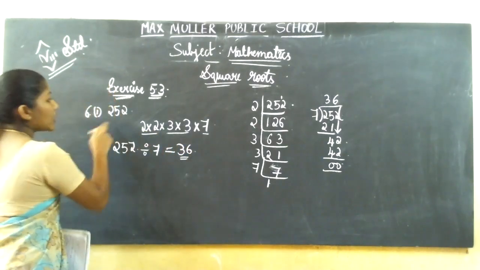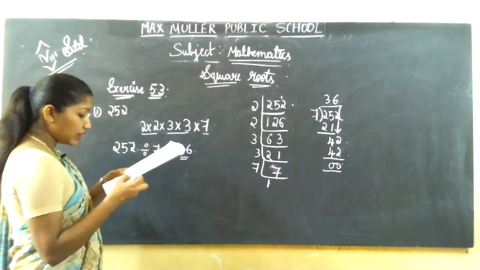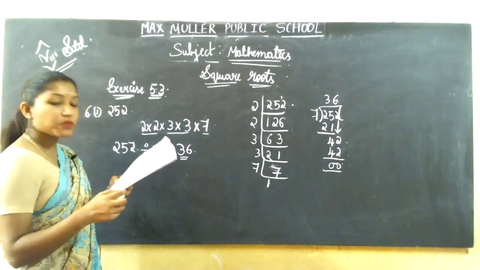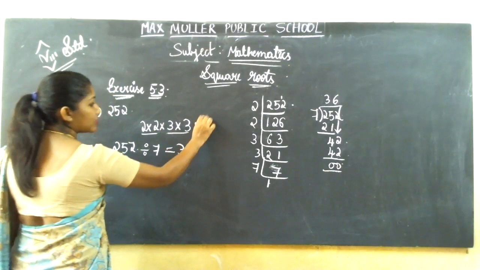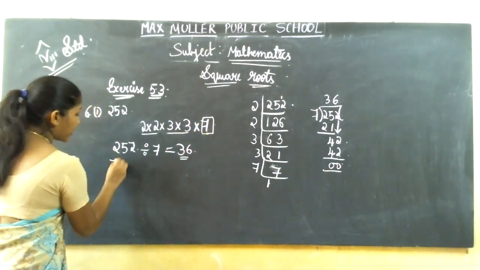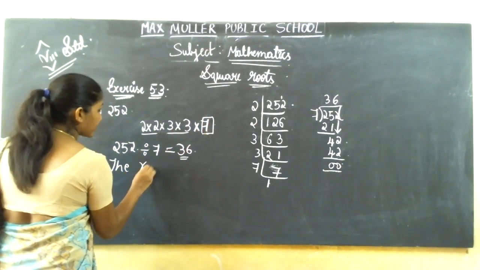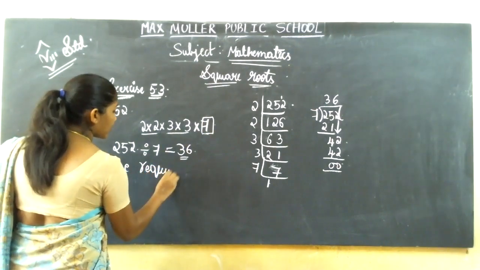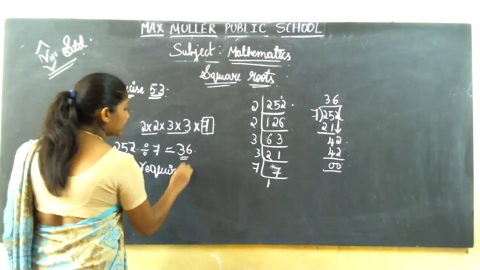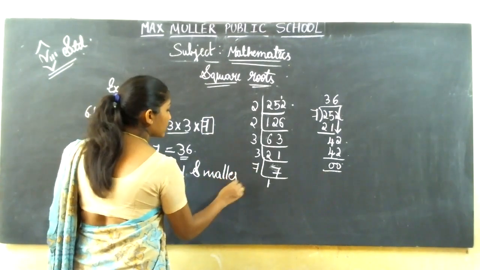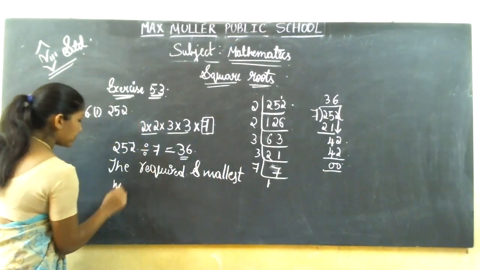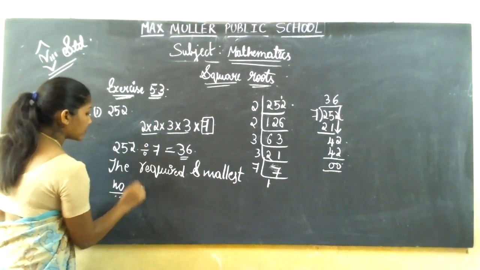Okay, so what you have to do here, the required smallest number is what here? 7. Because 7 has no pair here, so you have to write the required smallest number is 7.